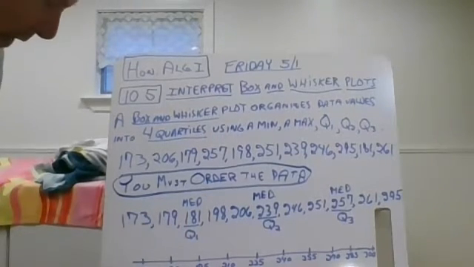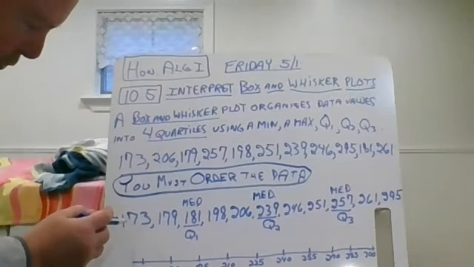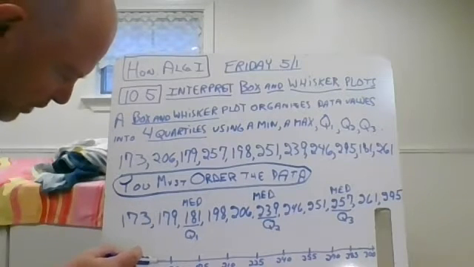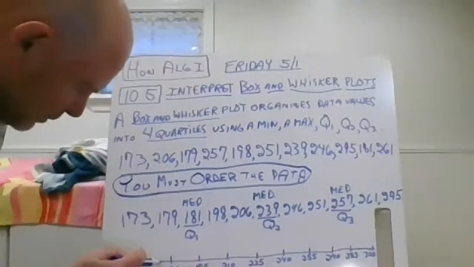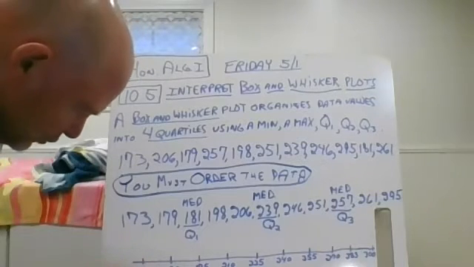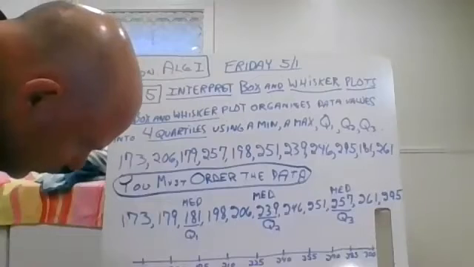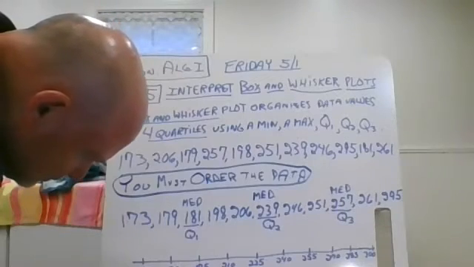Okay, and next we start by locating the minimum value, 173. So on your number line, 173 is approximately somewhere in here. We draw a little dotted line down here and we put a point.